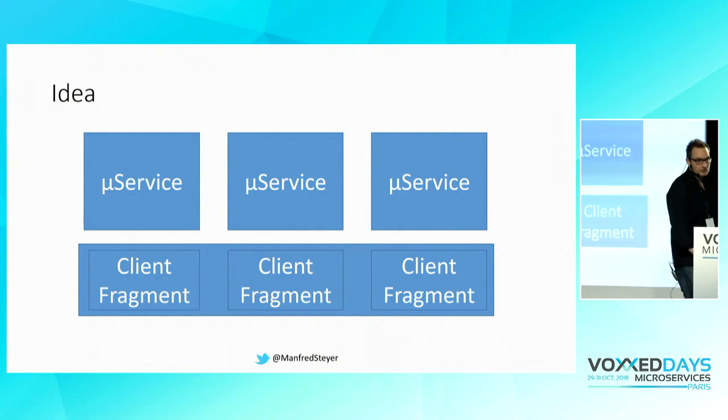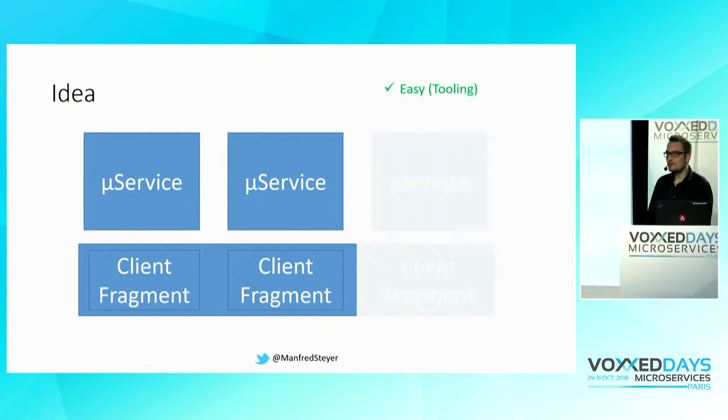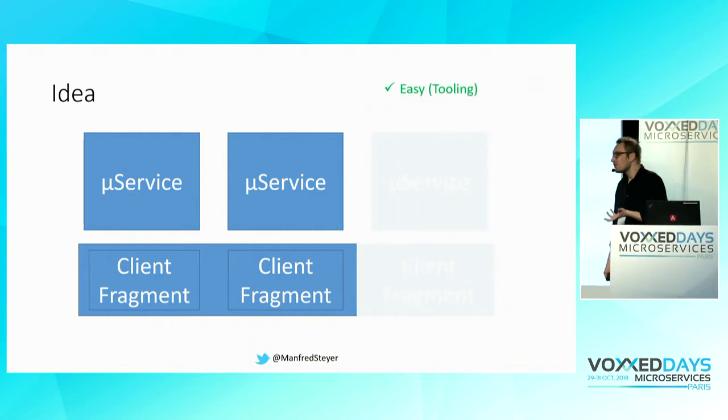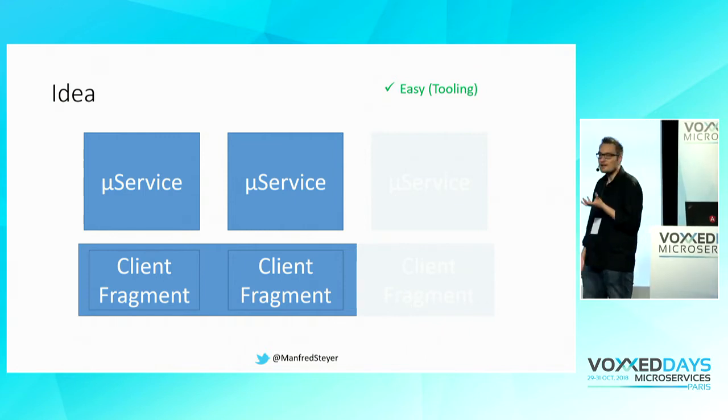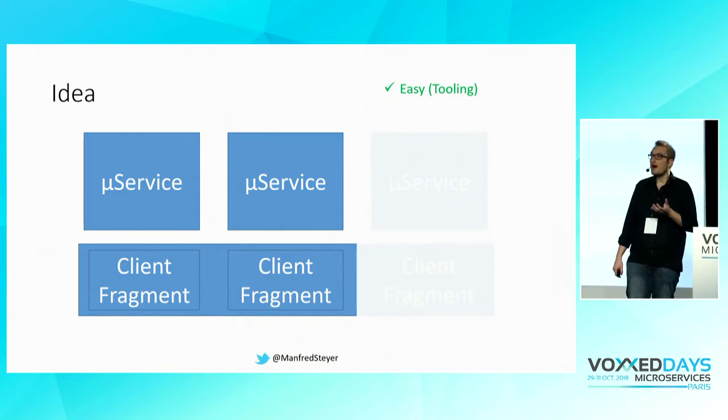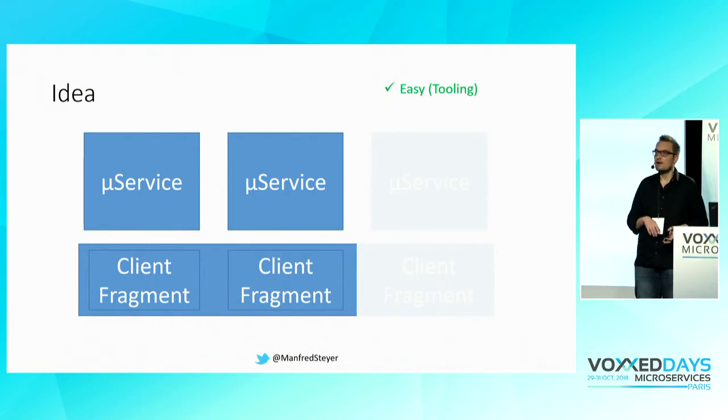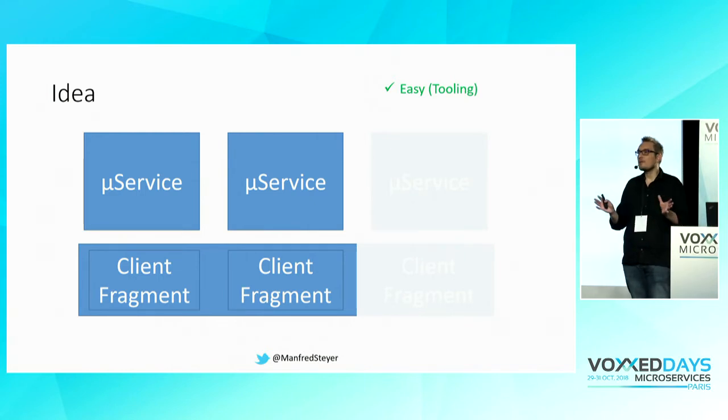This brings a lot of advantages. One advantage is it is really easy, because most of the current single-page application frameworks are built with this strategy in mind. Regardless whether we are speaking about Angular or React or Vue, all of them support this way of solving this issue quite nicely.